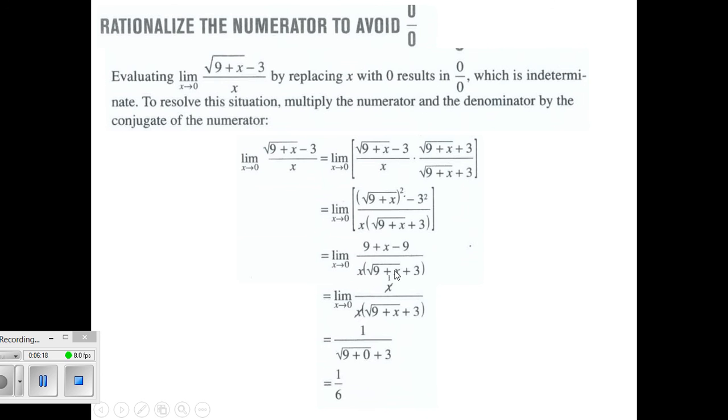However, we've got our x's canceling out here, so the expression collapses to 1 over the square root of 9 plus x plus 3, which can now be evaluated at the x value of 0, which means the limit can be taken by the substitution method.